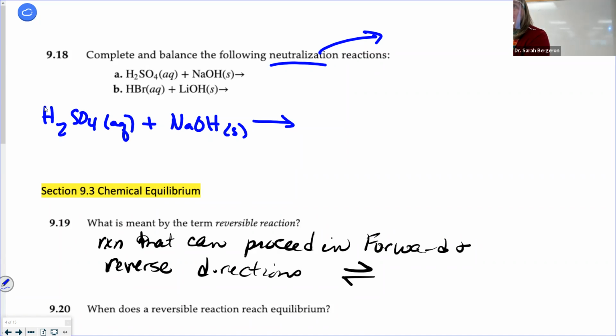I know it's been a Thanksgiving break, but what do we make in a neutralization reaction? Water and a salt. And sometimes what? If we have carbon, CO2.